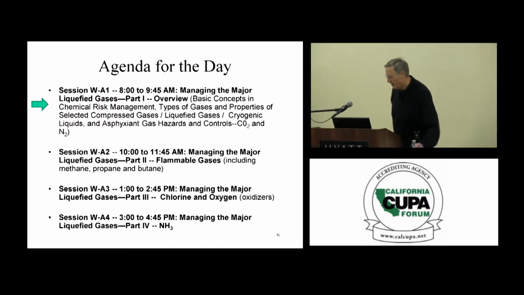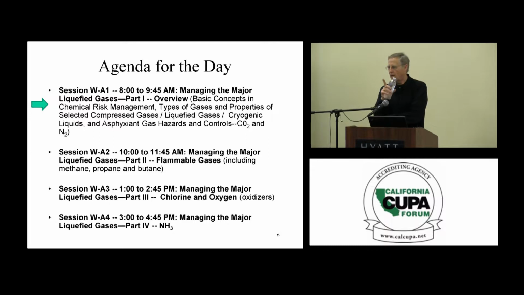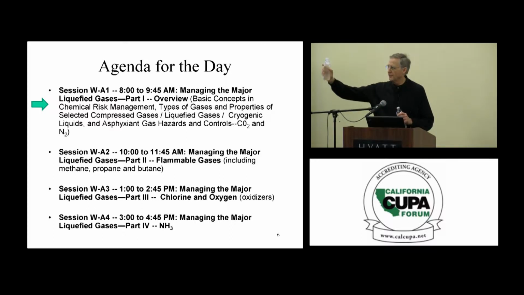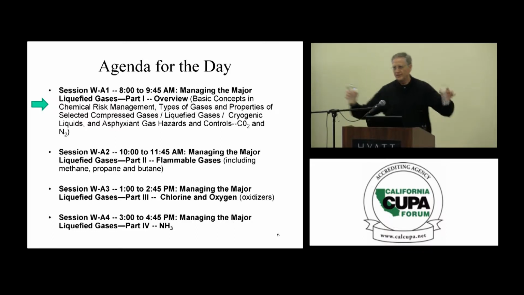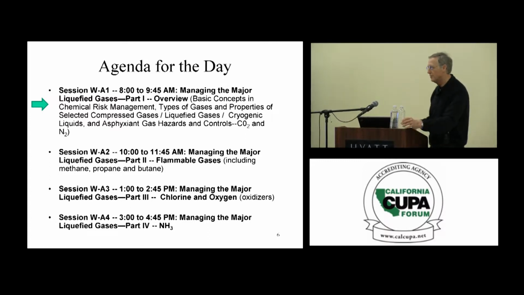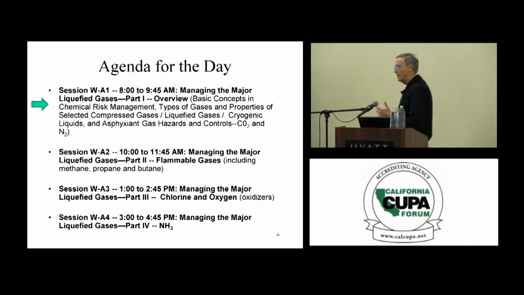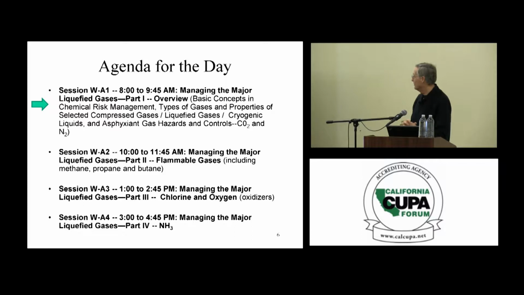And so by the end of this session, when I tell you a gas and I tell you a certain property, which is called the critical temperature, you're going to be able to tell me at room temperature if in a cylinder that gas is a gas or a liquefied gas. And there are a couple other things you're going to need to know in terms of vapor pressure as well, but that's one of the take-home lessons that hopefully everyone will be able to take with them.